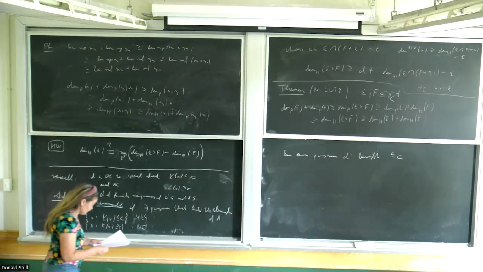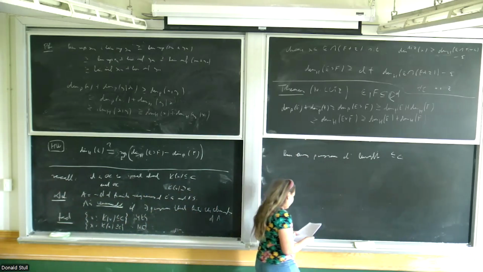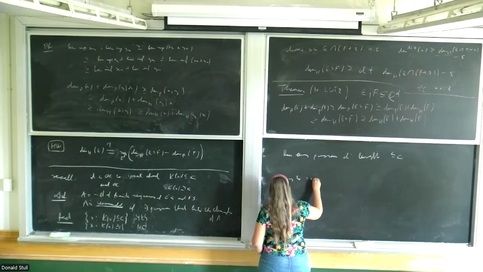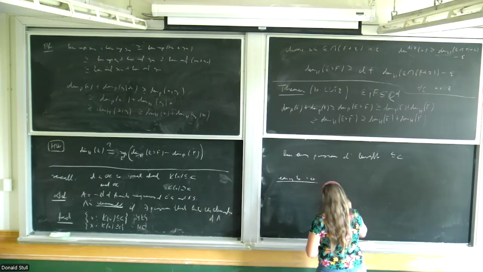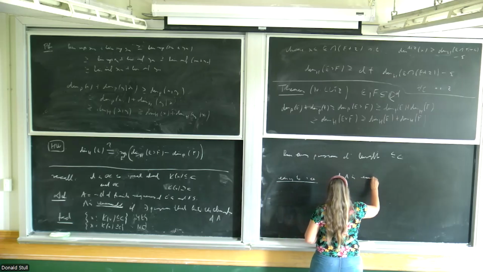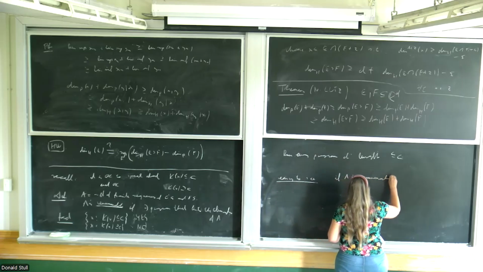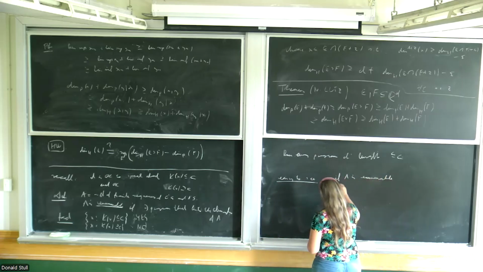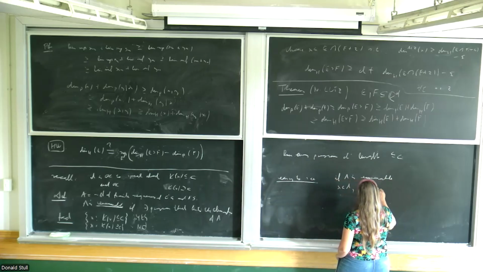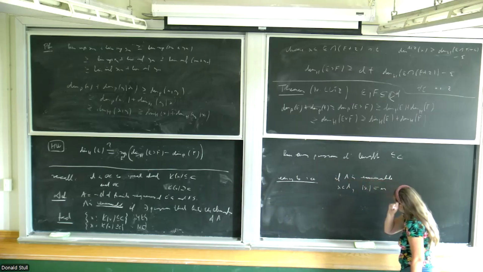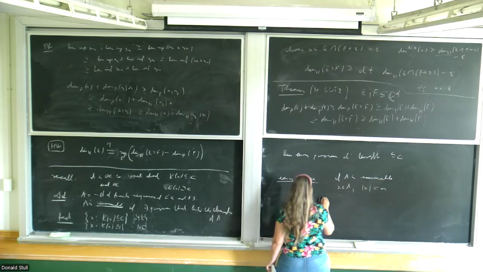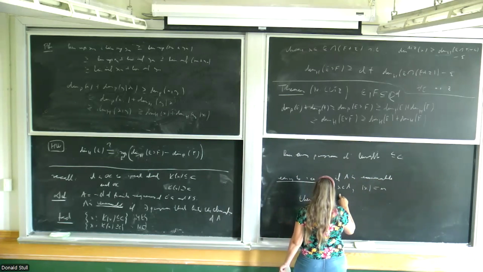And now it's really an easy fact that if A is enumerable, and x is in A, and it's a sequence of length n, then the complexity of x is at most what?